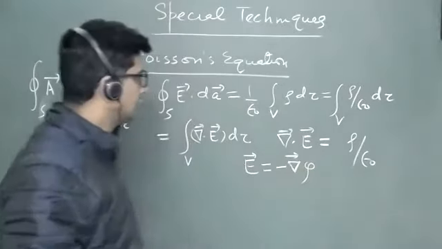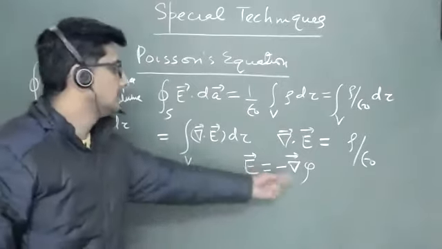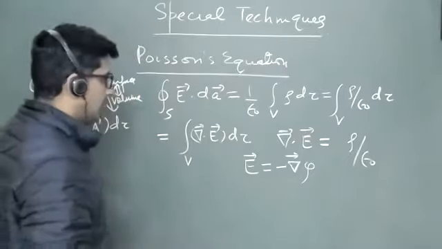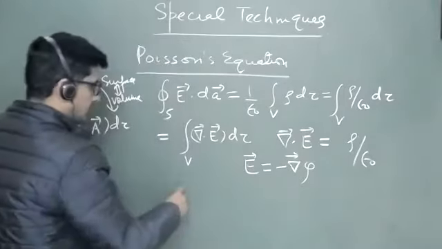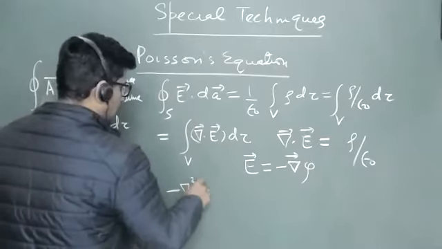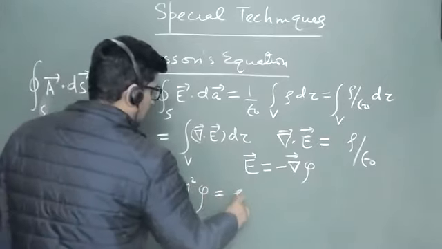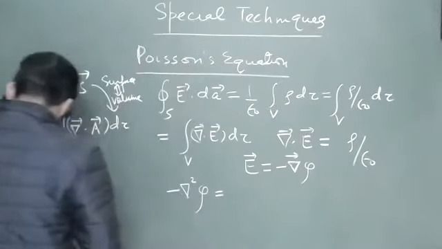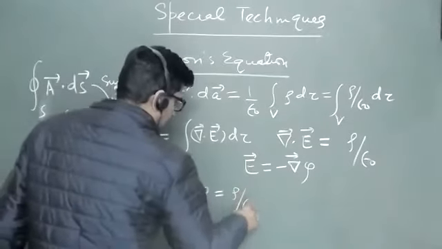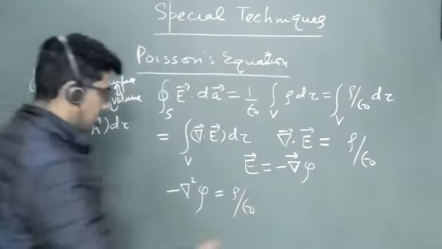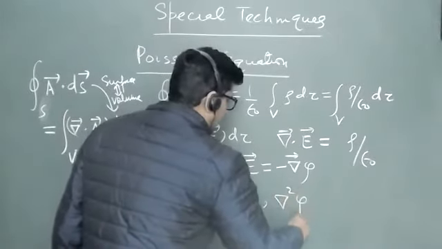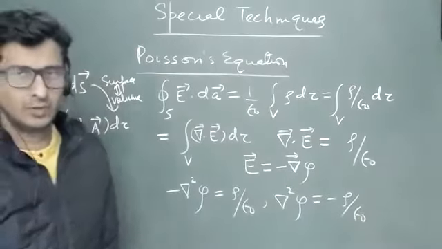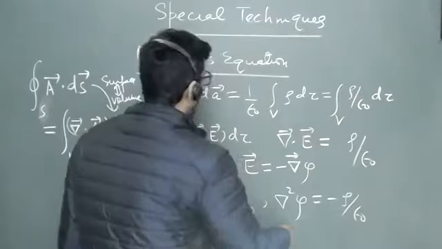Phi is potential, right? So this holds for electrostatics, the relation between field and potential. And if you substitute it here, what you are going to get is minus del square phi is equal to rho by epsilon naught. So that means del square phi is equal to minus rho by epsilon naught. This equation is known as Poisson equation.